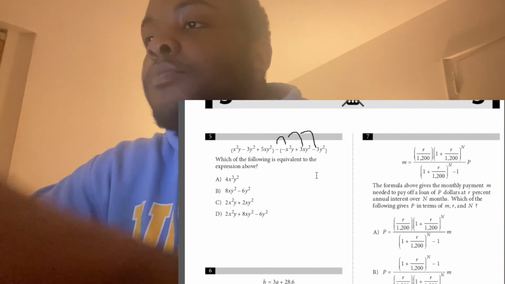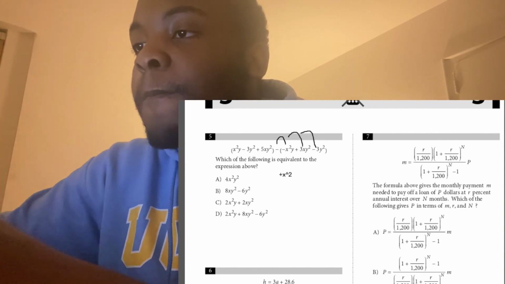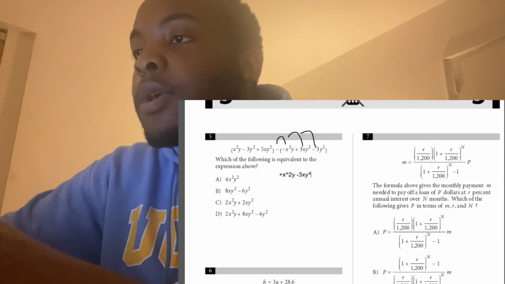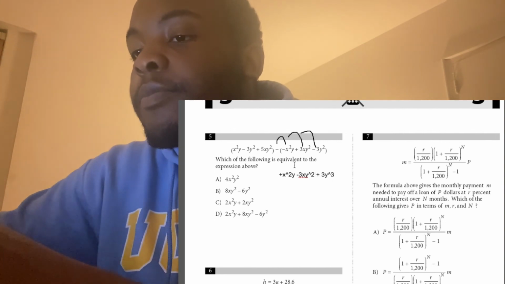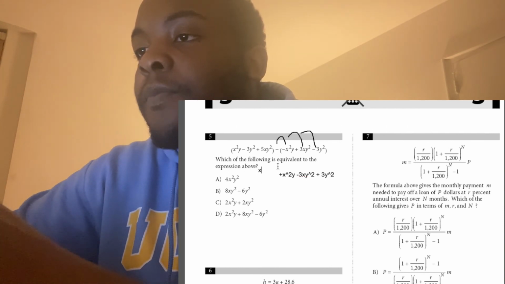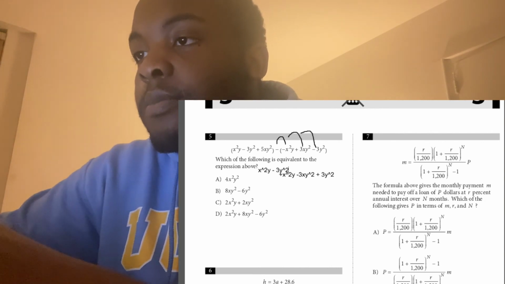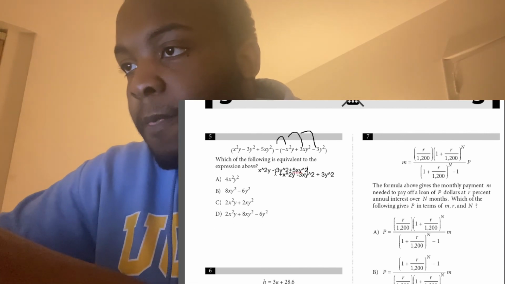Alright, so when you distribute, that's going to give you positive x squared y plus negative 3xy squared plus 3y squared. And then you're going to combine that with this one, x squared y minus 3y squared plus 5xy squared.